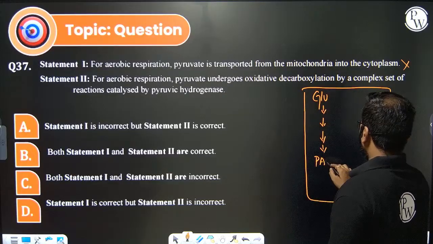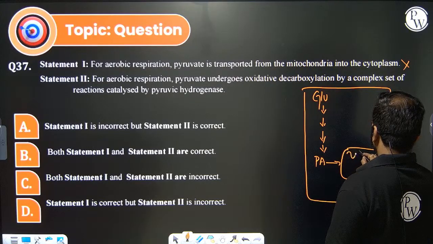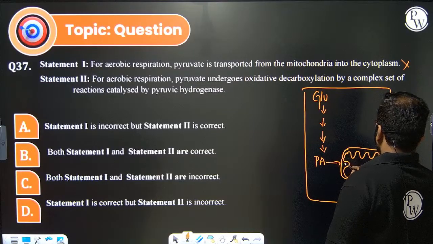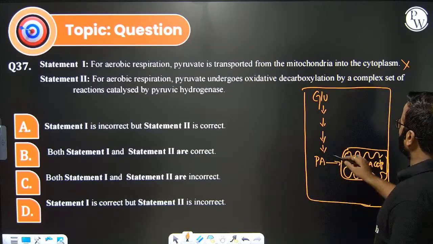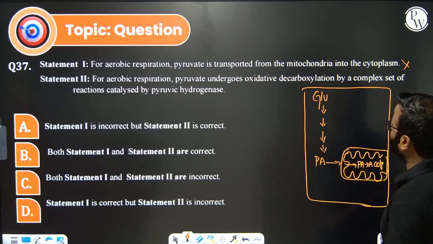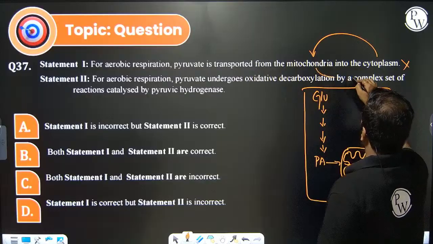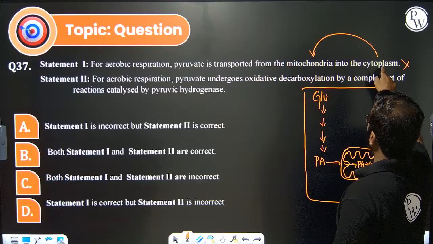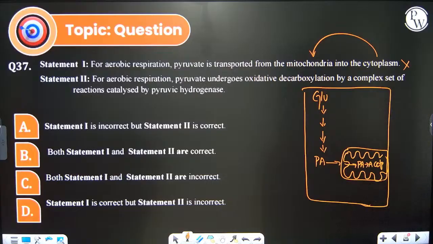This pyruvic acid will be transported into the mitochondrial matrix, where it is converted to acetyl CoA, which we call the link reaction. So pyruvic acid is transported from cytoplasm into mitochondria. It should be the other way round. So that is false as a statement.